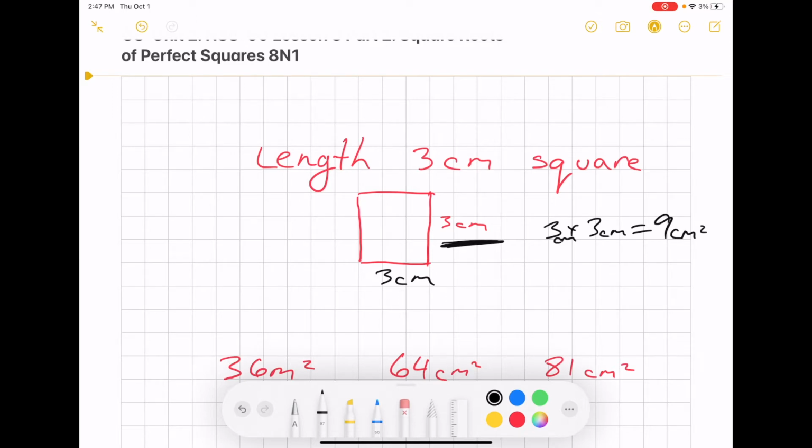Okay, so now what if I know that the area of a square is 9 centimeters squared, but I don't know the side length? How can I find the side length from the area? So how did you get from 9 to 3?